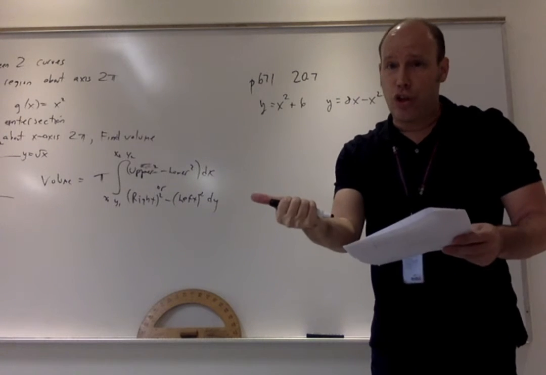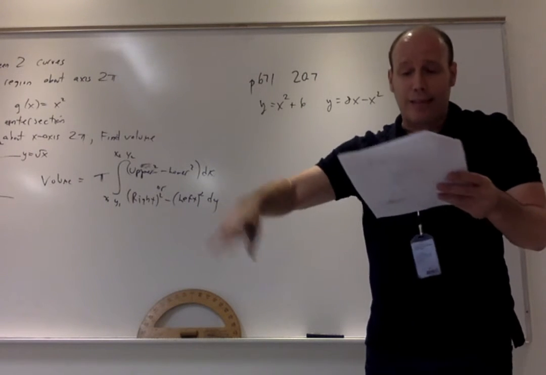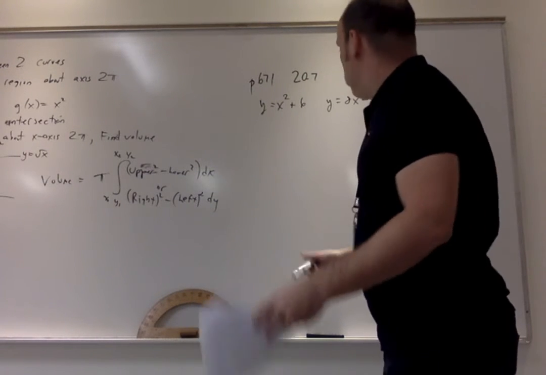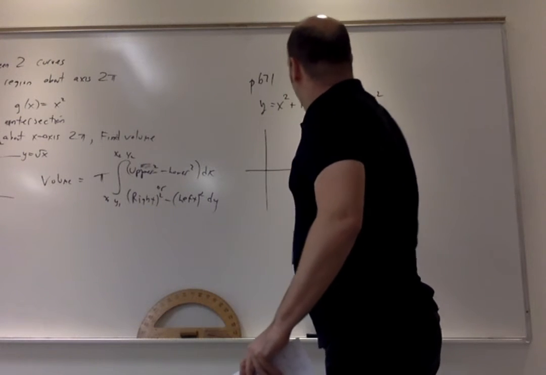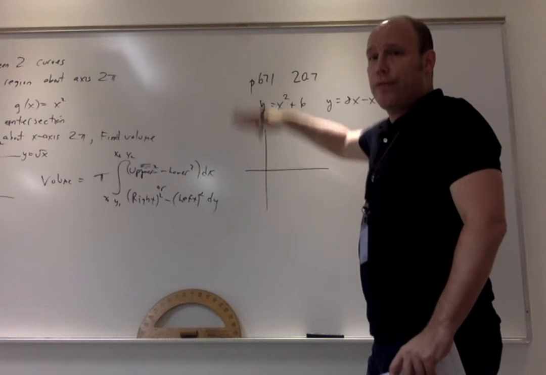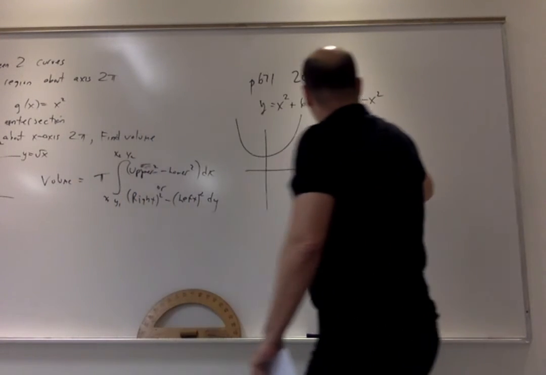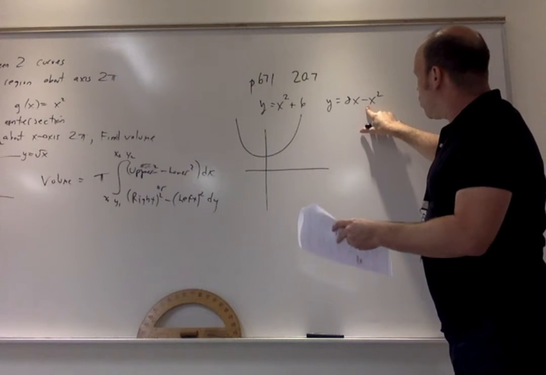Find the intersection and then rotate this region about the x-axis. So you kind of know what the sketch looks like. I know this is a regular parabola, but shifted up 6, so it looks like this.